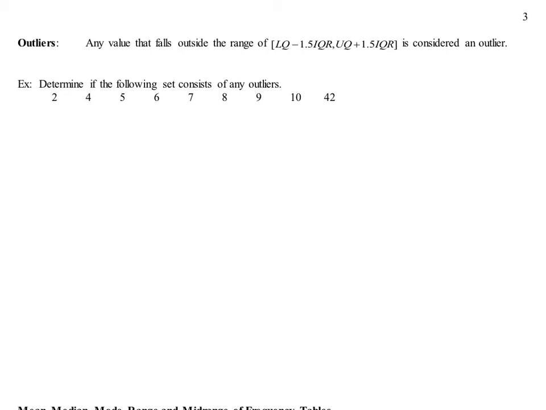So if this is the elementary school student, yeah, that 42 is not supposed to be there. Now, is it because there's a 42-year-old sitting in the class? Or is it because the individual who collected the data forgot to hit the tab after the 4? 2, tab, 4, tab, 5, tab, 6, tab, 7, tab, 8, tab, 9, tab, 10, tab, 42.